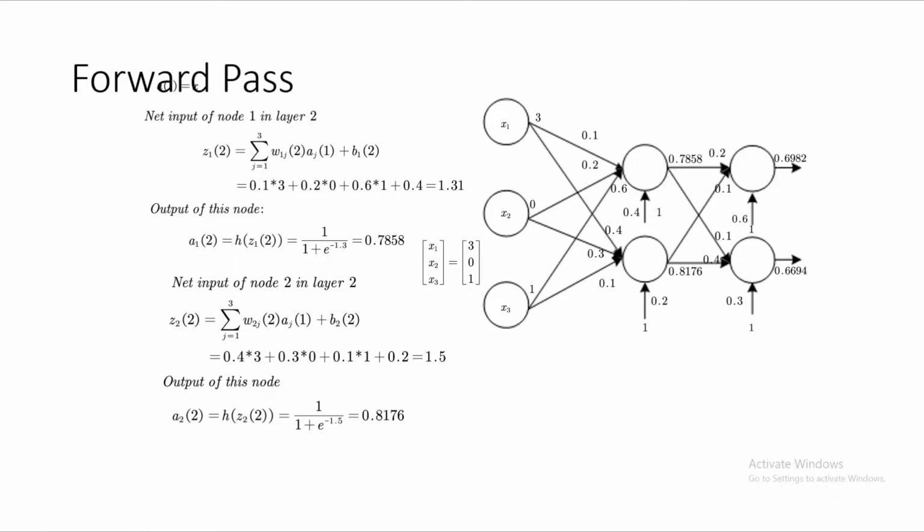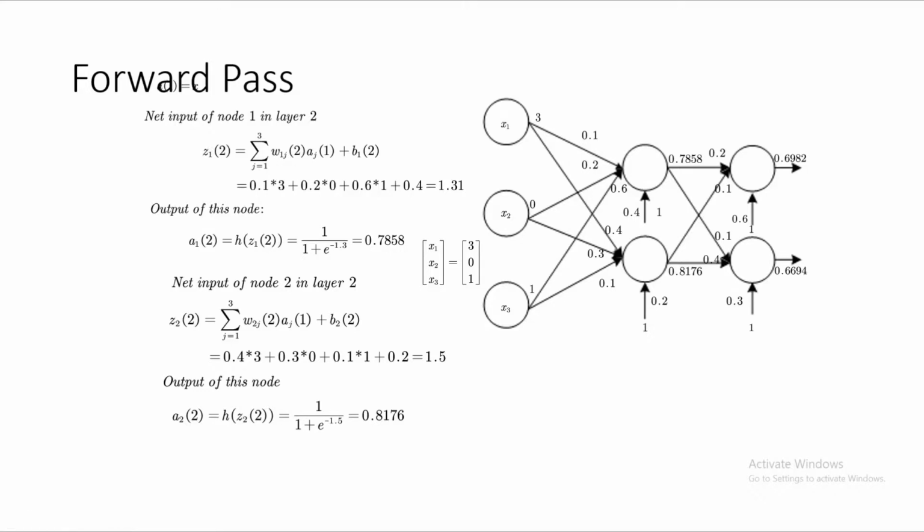Now let's see the computation performed at each node, starting with the first node in layer 2. We compute the net input Z^2_1, where 2 represents the layer and Z1 represents the net input, using a weighted summation.